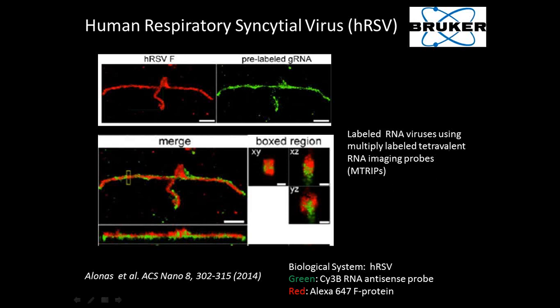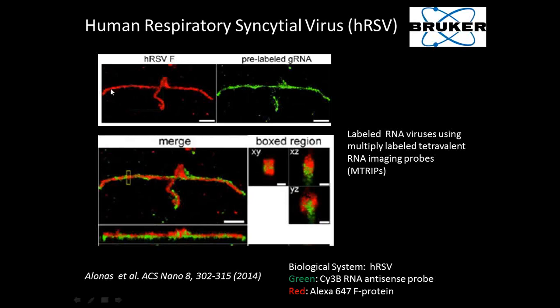This is a very clever way of labeling RNA in viruses. They labeled the antisense probe in green here, and then the F protein of the virus with red. They also looked at the N protein as well, and what they saw were differences in the F protein and N protein distribution in the viruses.